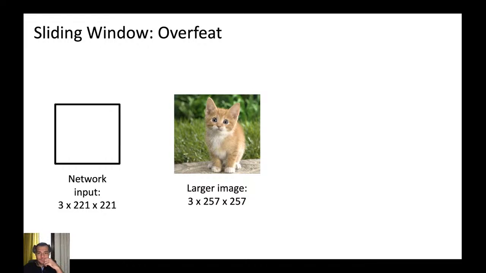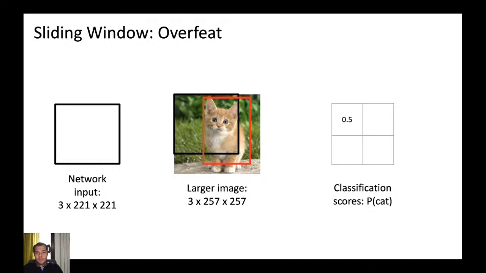And the idea works something like this. For the input image, they actually apply a sliding window using only a 2x2 grid. So they apply the network in only a few locations, for example, on this input image. And here they predict the class label as well as the bounding box. They also allow the network to predict the bounding box even if it is outside the input image. So even if the network sees only this part of the cat, it can predict the bounding box that looks something like that.